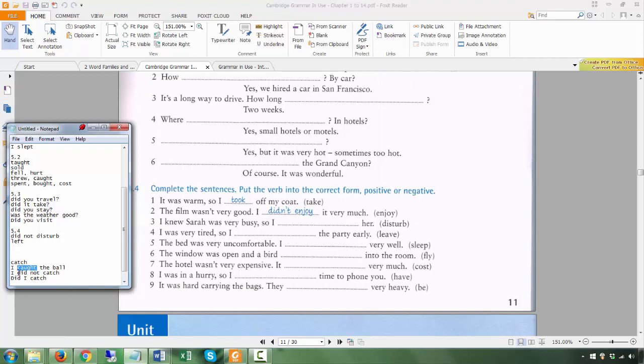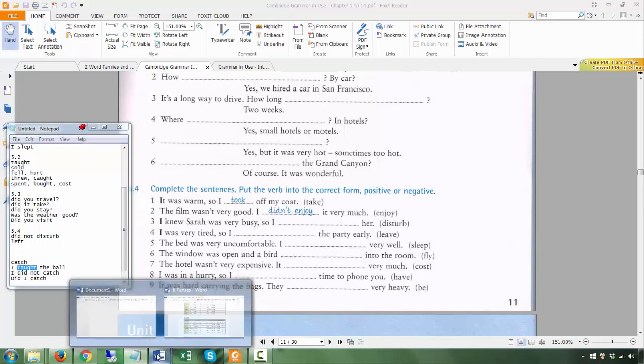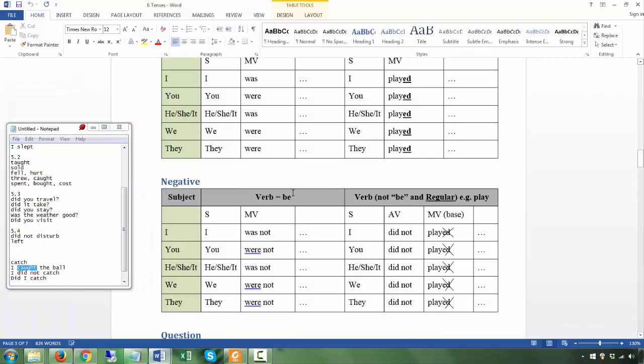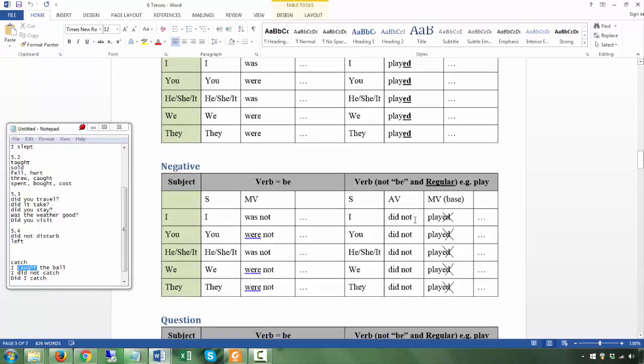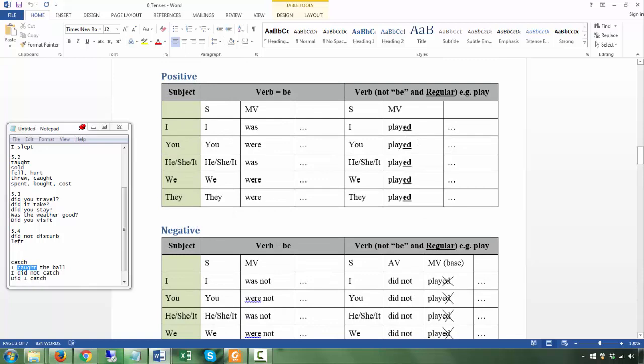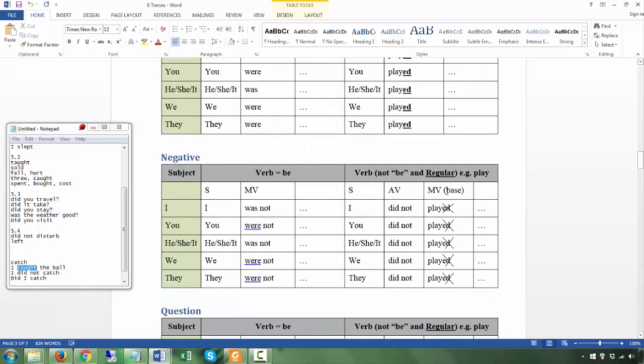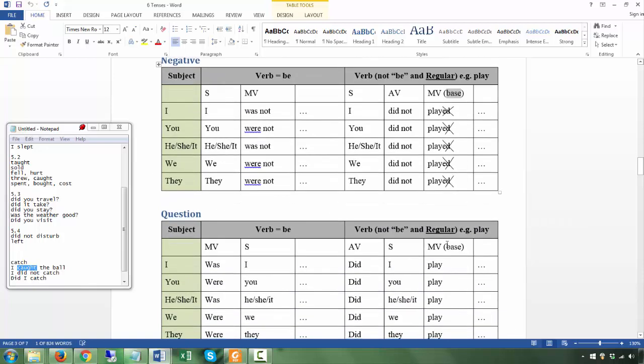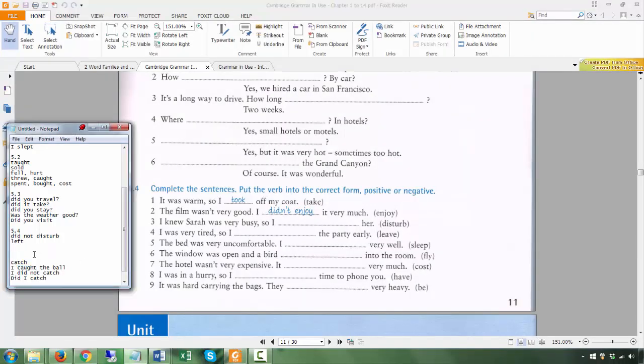But if it's a negative or the question, just as is mentioned here, you may use the irregular, whatever it is, but then use the base verb back again for the negative and the question form. Okay, so 5.4. The bed was uncomfortable.